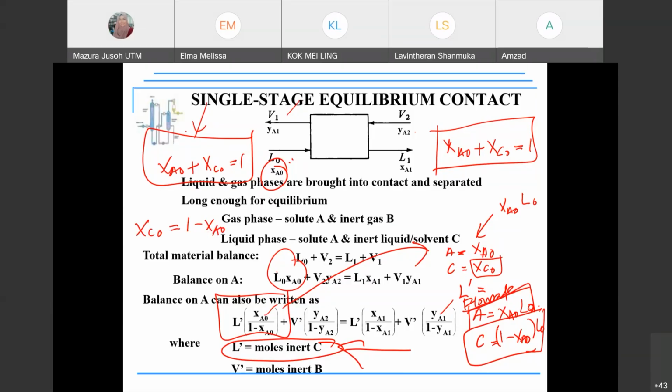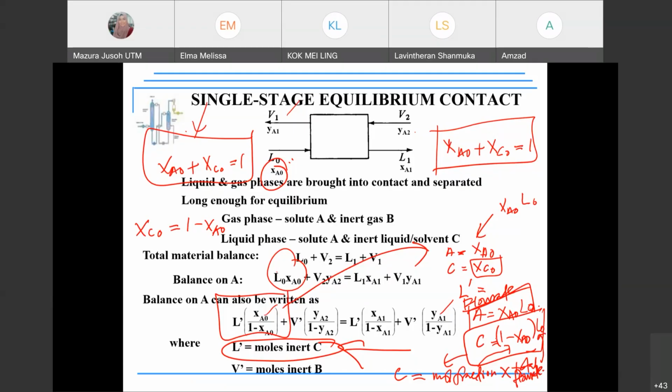So for C, the principal equation is going to be the mole fraction times the total flow rate, right? So what is the mole fraction of C? The mole fraction of C is 1 minus XA naught. What is the total flow rate? That is L naught.